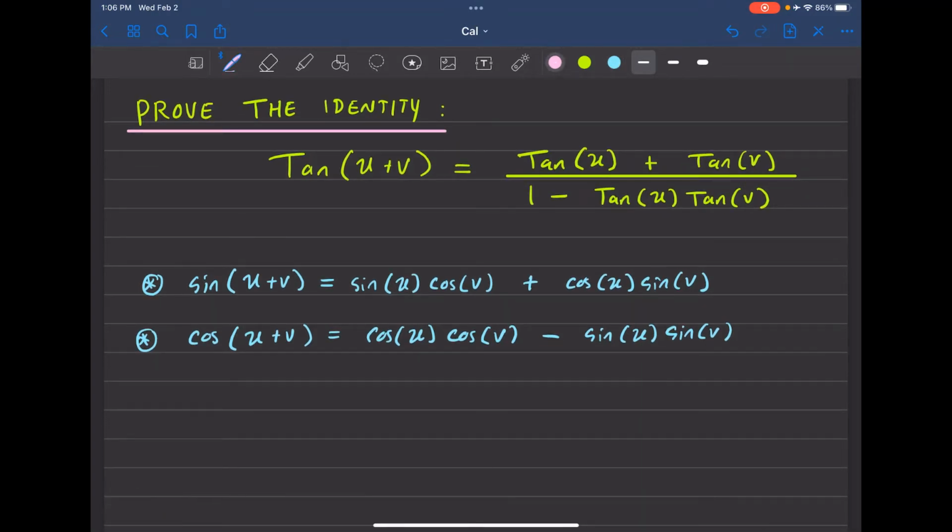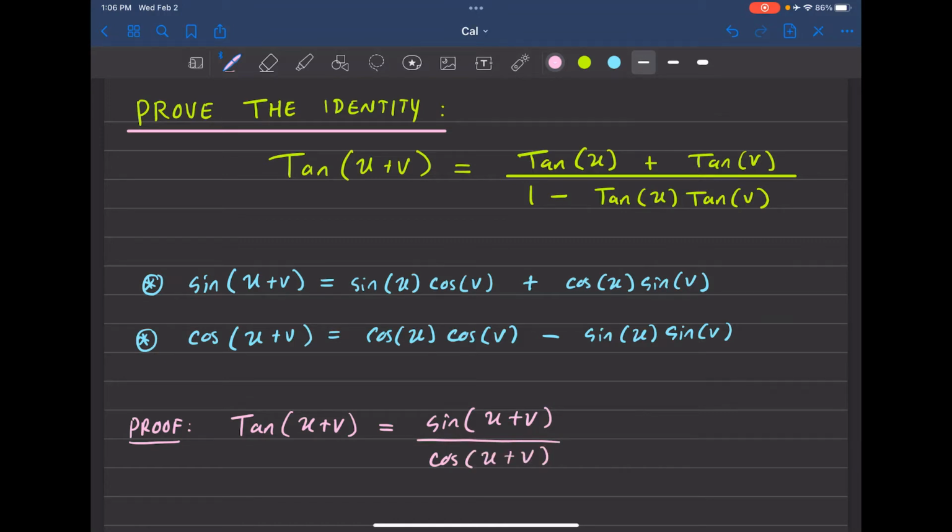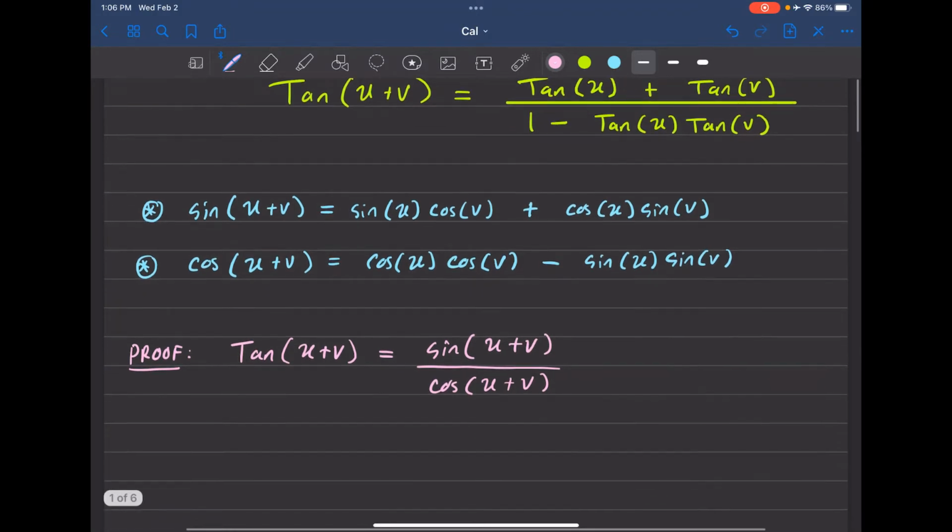We're going to start off by rewriting tangent of u plus v. Tangent of u plus v is equal to sine of u plus v divided by cosine of u plus v. Using those two formulas for sine and cosine, I'm going to replace them.